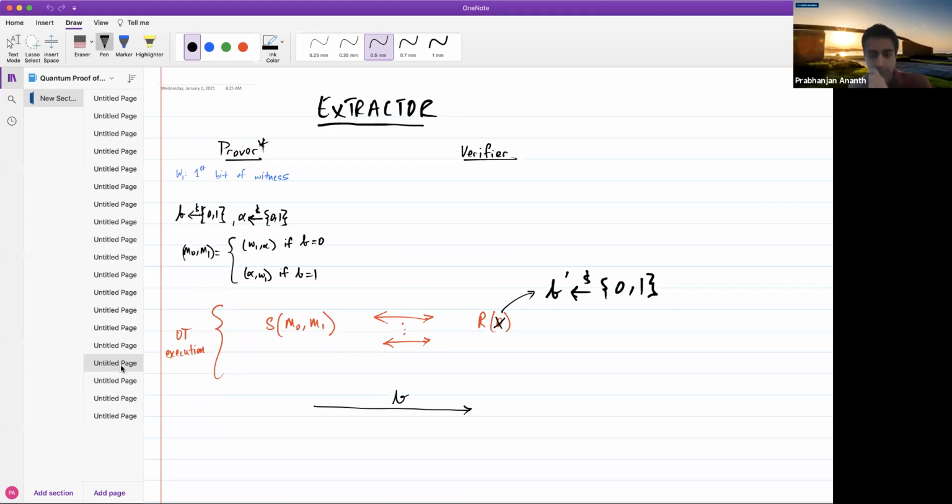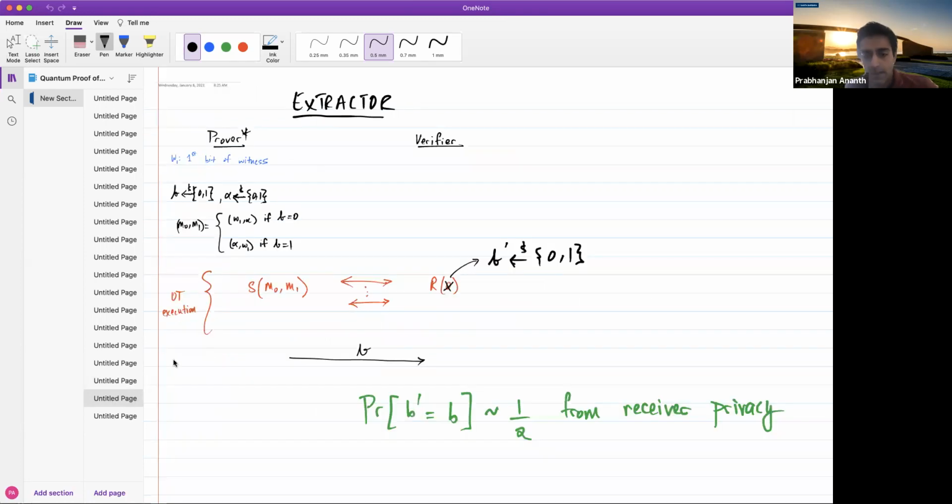So the extractor proceeds by just putting B prime in as the receiver's bit. The probability that the extractor is going to be able to extract the witness is going to be roughly close to half.